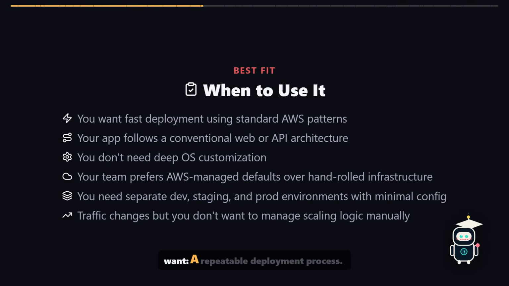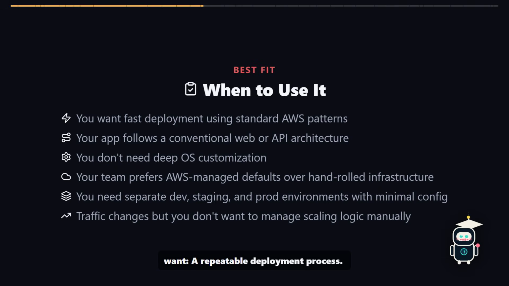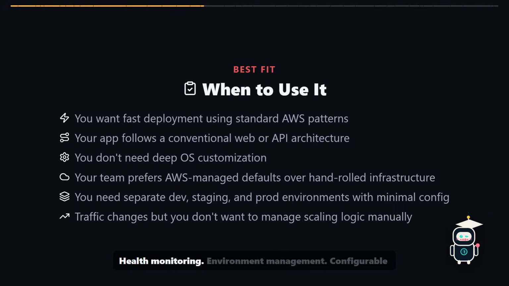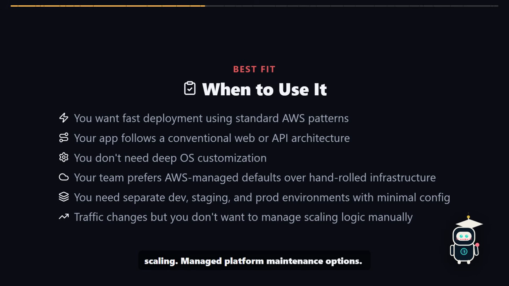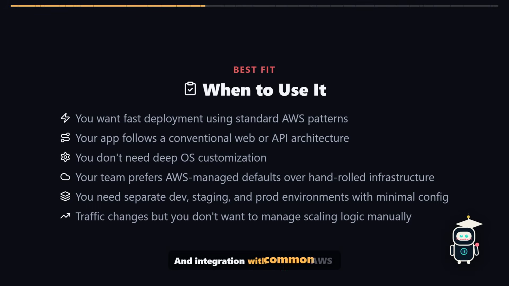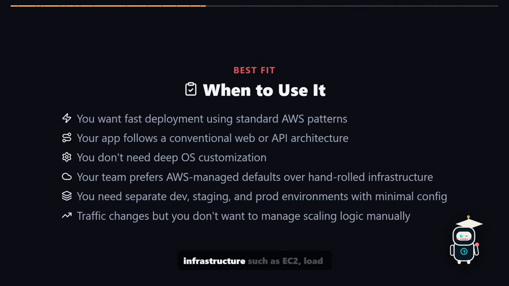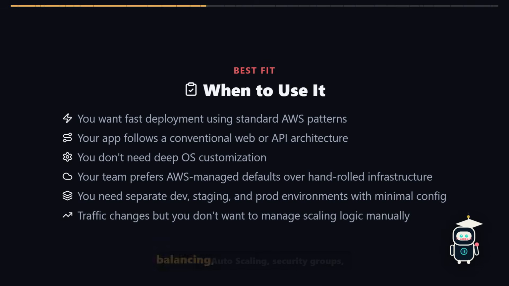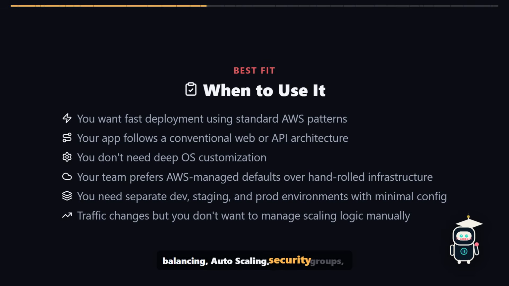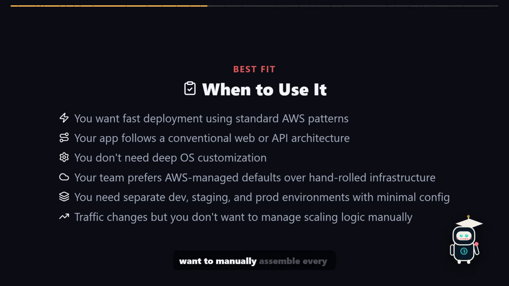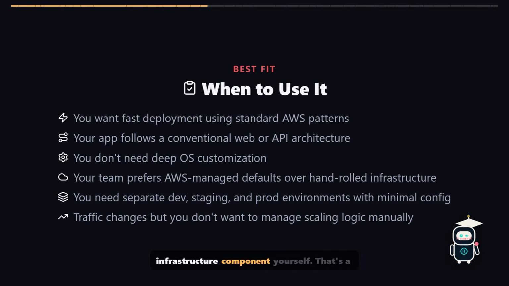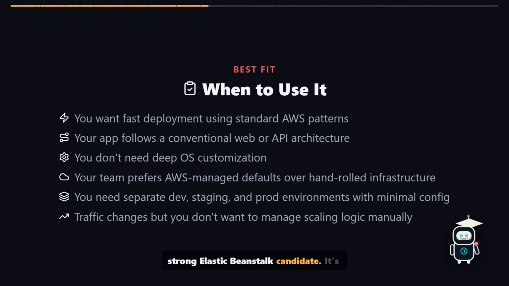You want a repeatable deployment process, health monitoring, environment management, configurable scaling, managed platform maintenance options, and integration with common AWS infrastructure such as EC2, load balancing, auto-scaling, security groups, and CloudWatch. But you don't want to manually assemble every infrastructure component yourself. That's a strong Elastic Beanstalk candidate.